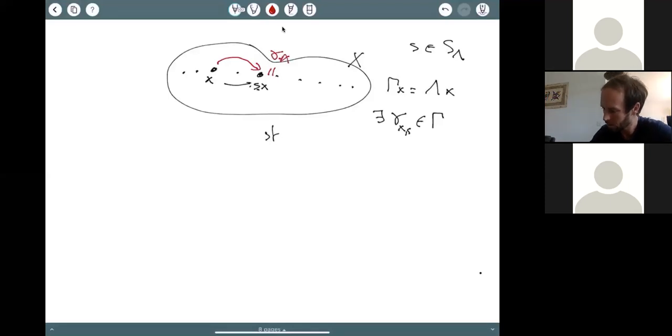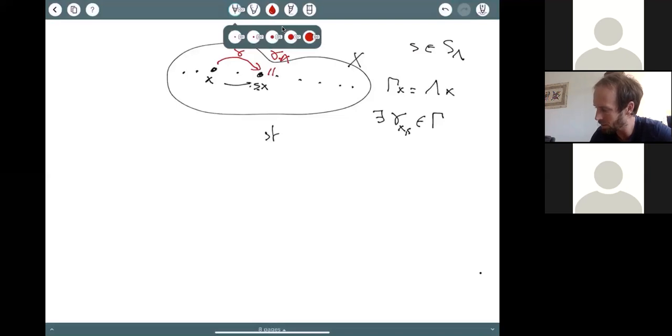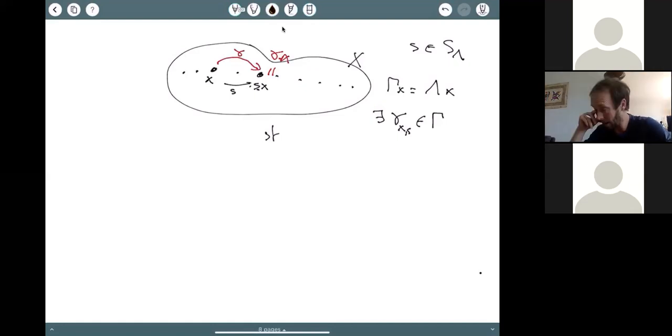So here I'm writing the gamma action in red and the lambda action in black. Here I'm acting through this element S in lambda, and above I'm acting with this element gamma, which is in gamma, and I know that they are doing the same on this particular element.